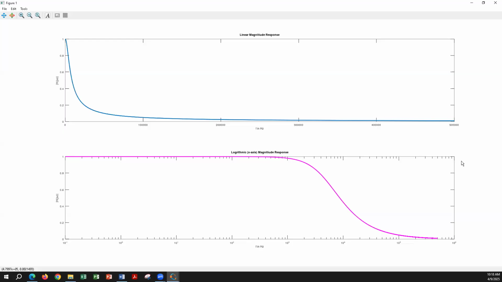Whereas in the second one the x-axis is in logarithmic scale, so each tenfold of frequency is equidistant. It's going to give you a very nice view up to 5 kilohertz, somewhere over here. And then from 5 kilohertz to 50 kilohertz and 50 kilohertz to 500 kilohertz, all will have the same interval. So irrespective of whether your response is in the lower spectrum, it is going to give you a very nice, clean looking response.